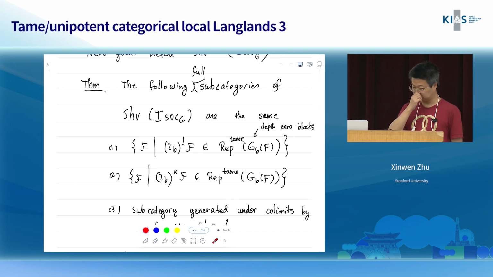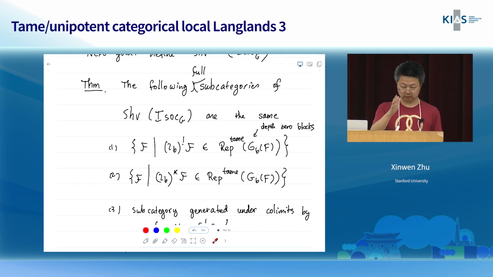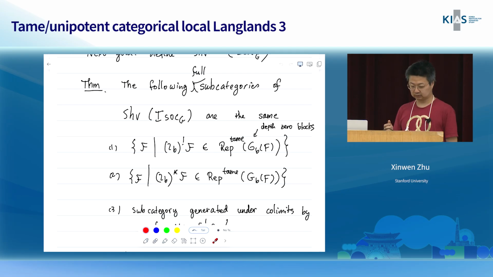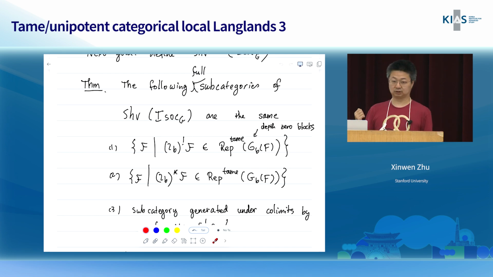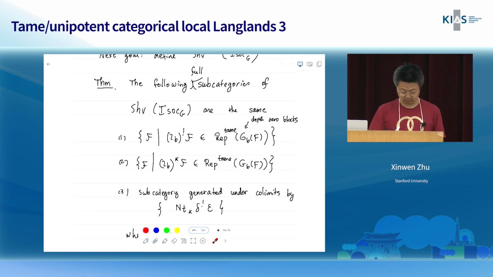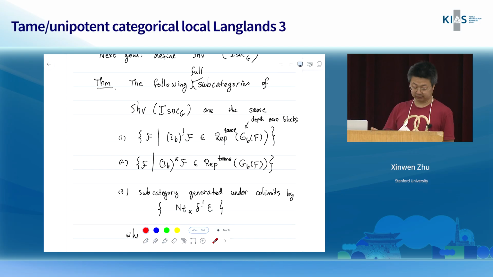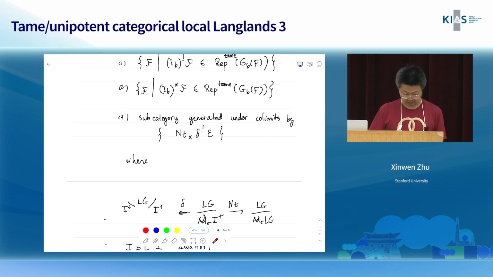One is, when you restrict the sheaf to each strata, it's a depth zero representation, in the depth zero block of the representation of the p-adic group. The second condition is when you restrict to each strata, it's depth zero, and the third one is it can be considered as a subcategory generated by the so-called horizontal transform.